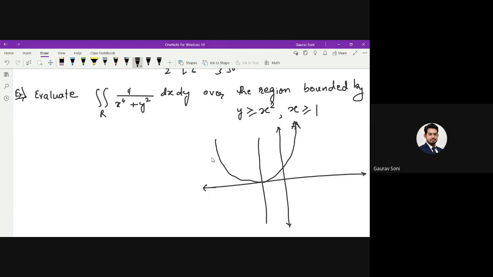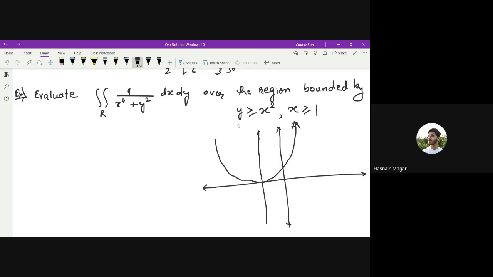Like in your 12th standard, you had LPP. If it is given that x plus y is less than or equal to 2, you put x and y as 0, 0 and see whether it is satisfying. So the area which includes 0, 0 is your region. Use that idea, and which area here is going to be my region?